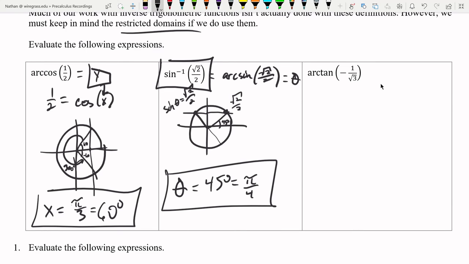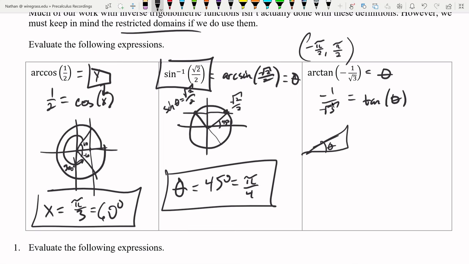So for arctangent, we know we're in the restricted domain of negative pi over 2 to pi over 2. And this thing is equal to theta, which means that tangent of theta equals negative 1 over root 3. And theta has to be within this range. It can't equal negative pi over 2 or pi over 2. It has to be somewhere between those two endpoints. So what we could do is create a reference triangle.